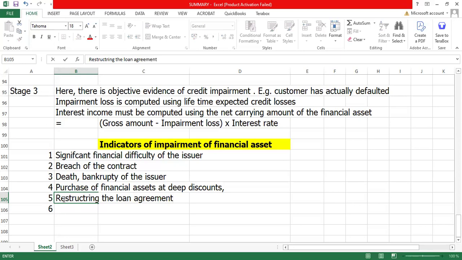For example, in a situation where there is disappearance of the active market for the financial asset, it can also be something, especially for those assets held for trading and sale.